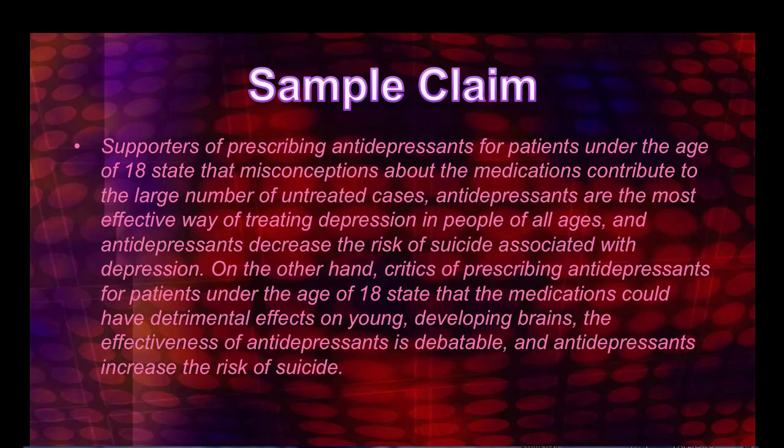This might be what the sample claim for a paper on that topic might look like. Remember that your first paper is going to discuss what supporters and critics say about a particular controversial issue. And since you have to be fair and you have to discuss both points equally, a good sample claim will state the main points that both the supporters and the critics make.